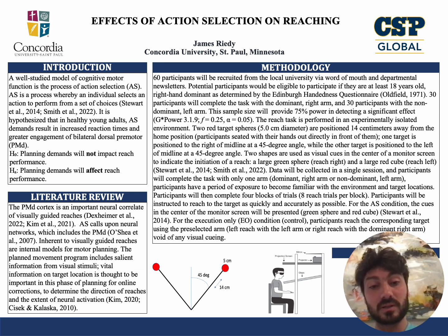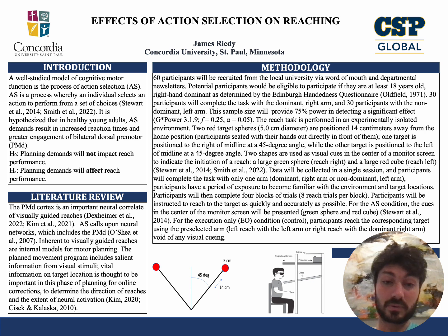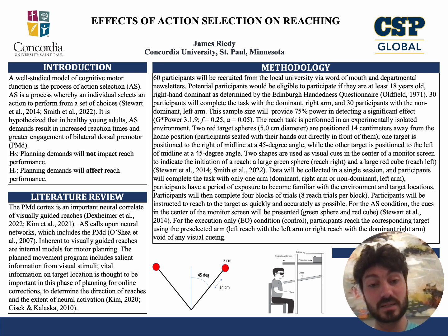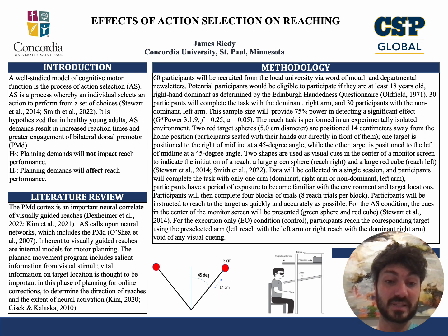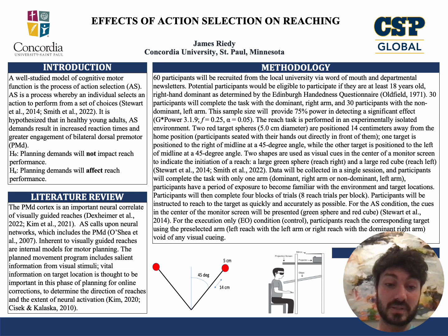Past research has looked at the premotor dorsal tract and the entire cortex as an important neural correlate of visually guided reaches. But action selection specifically calls upon dorsal premotor tracts because internal models of motor planning are required under action selection conditions.